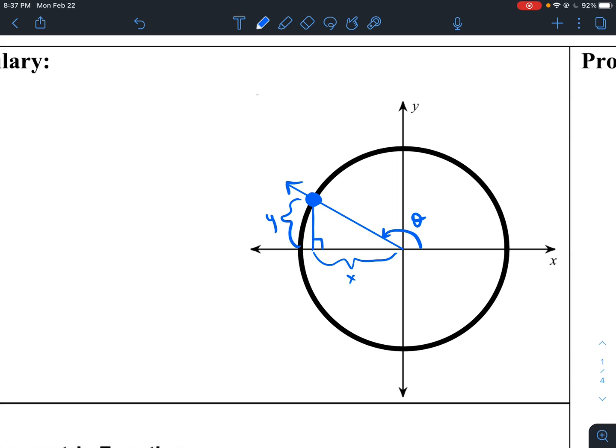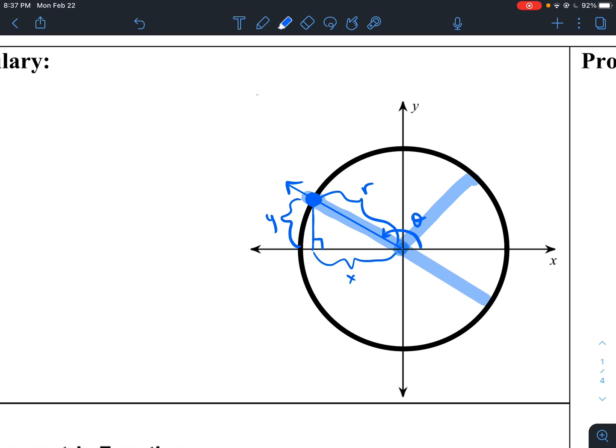Now the length of the hypotenuse we call r, and we call it r because r is the radius of this circle. r is consistent, right? No matter where you have the intersection of your terminal side and the circle, this distance is r.